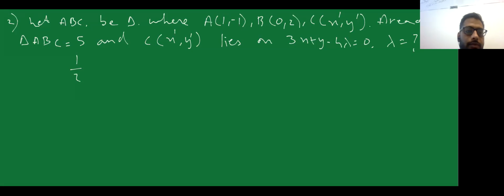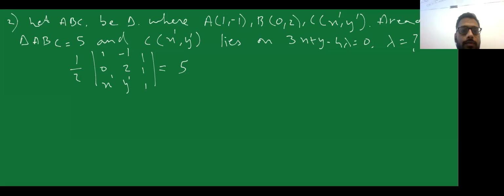I know the area of triangle formula, it's half times the determinant of x1, x2, x3. So 1, 0, and the x3 coordinate is x'. Y1, y2, y3: so minus 1, 2, and y'. And here I have 1, 1, and 1. This area is given as 5. Now area is always going to be positive.